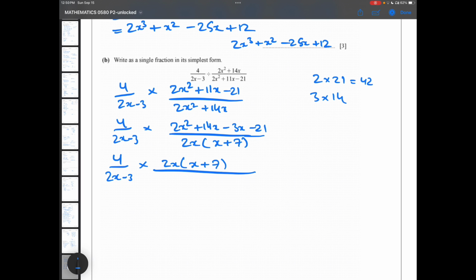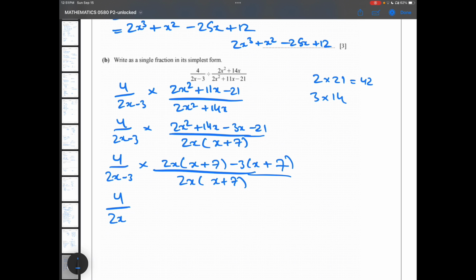In minus 3x minus 21, minus 3 is common. I will be left with x, and when I take the negative common, it becomes plus 7, upon 2x into x plus 7.